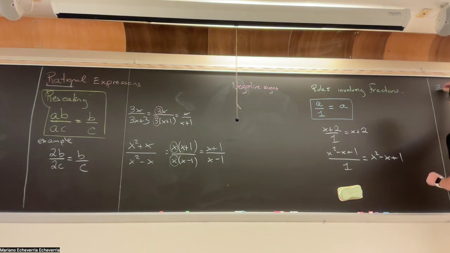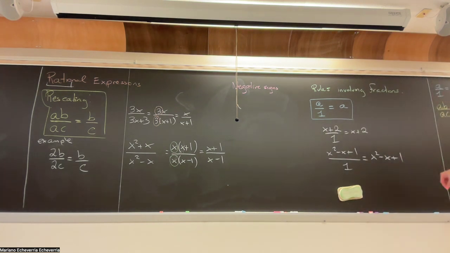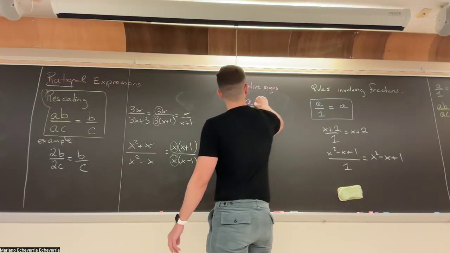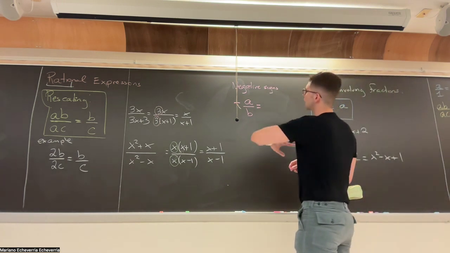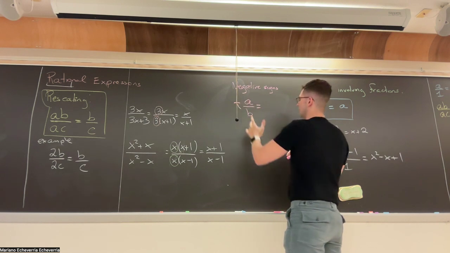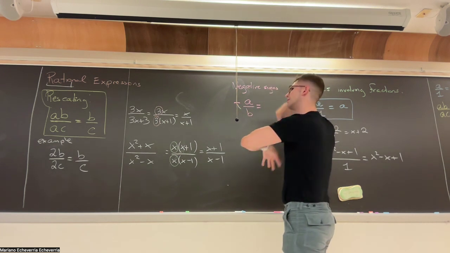So A over one equals A. The other one is A, which is A over C over A. Okay, so what is the formula for the property of the negative signs, which probably you have seen before: when you have a negative sign, this refers to the opposite of the number or the expression A over B. That minus sign can be put either in the numerator or the denominator.